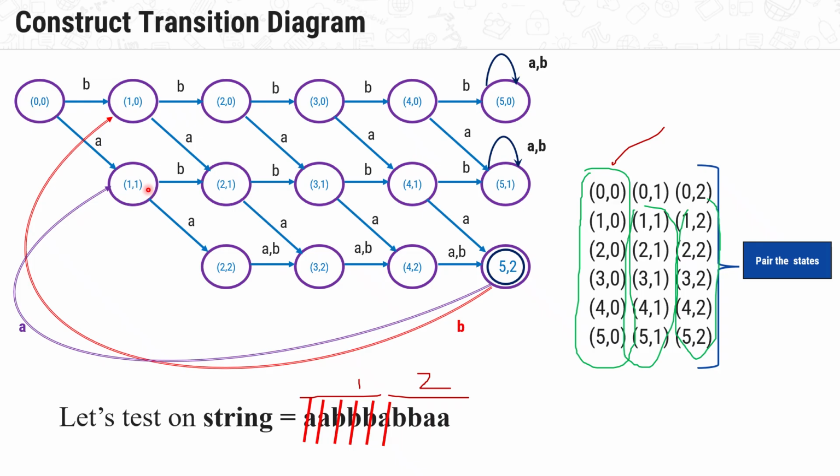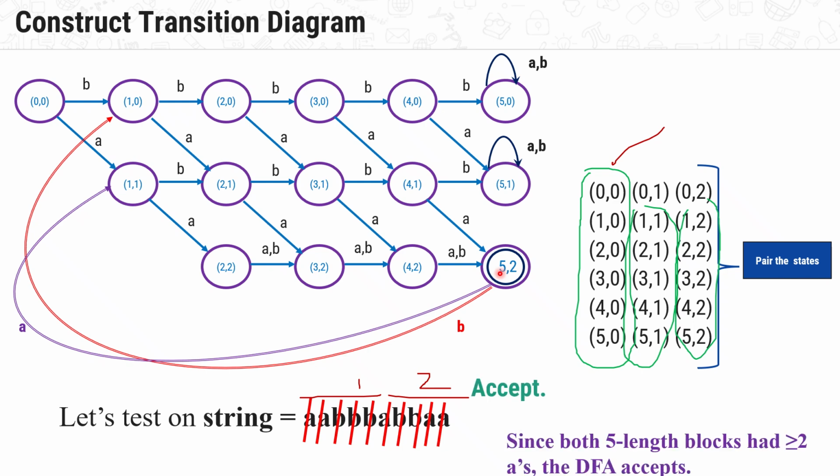The next input is B, which will go to 2 1. The next input is B, 3 1. The next input is A, which will go to 4 comma 2. The next input is A, 5 comma 2, and it is accepted. So it is accepted, since both block lengths are 5 and each has at least 2 A's. This is an accepting DFA run.